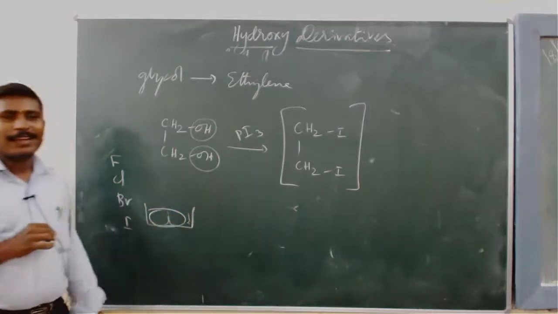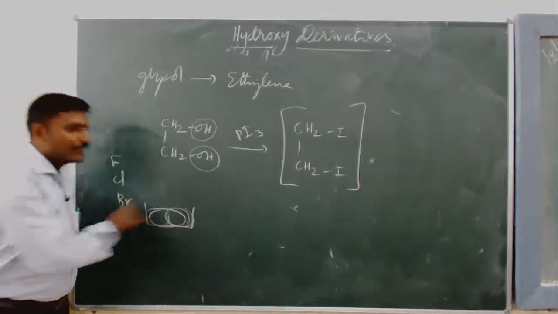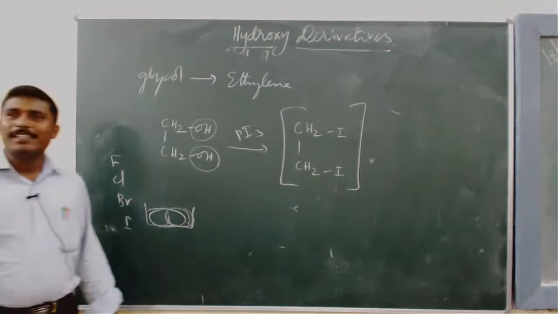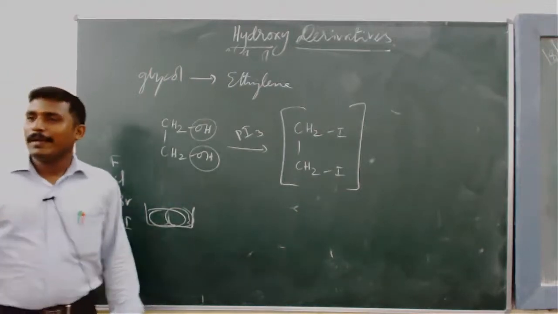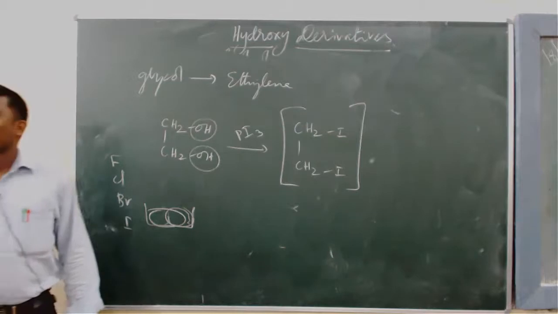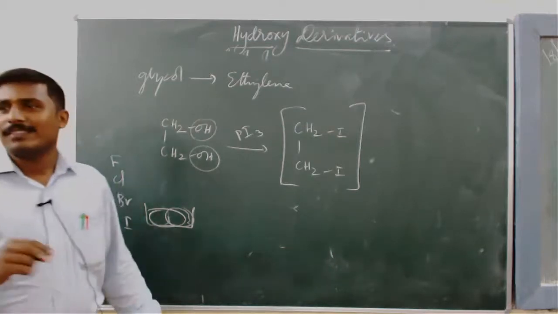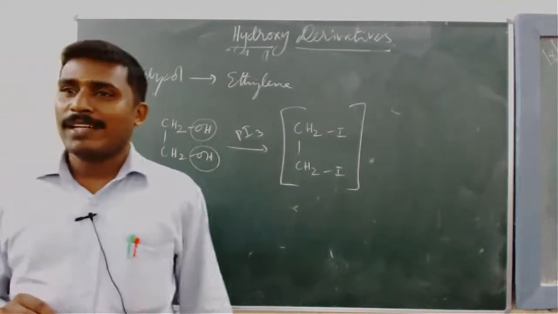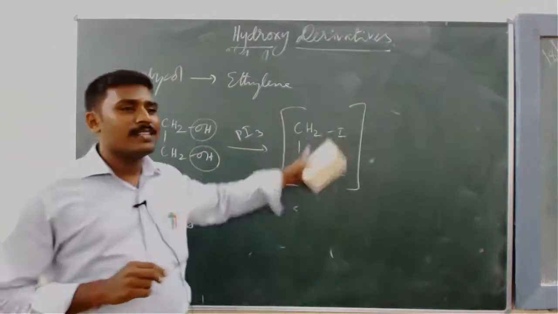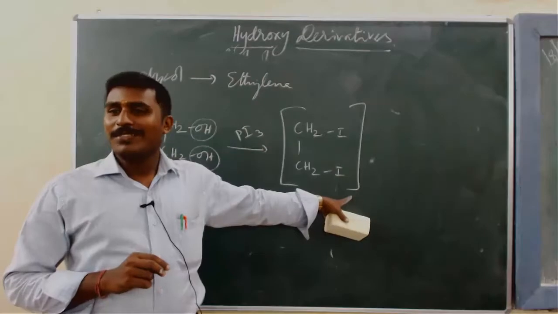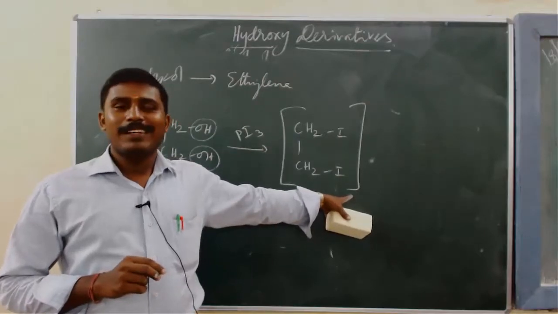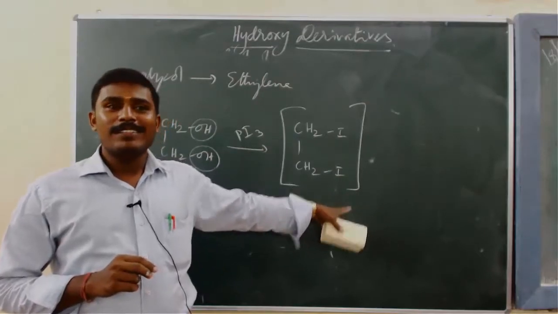If one more bulky man tries to sit in a single seat, what will happen? That is steric hindrance, the steric effect. It is the very same thing here: the adjacent carbons have two very bulky groups, so the compound is highly unstable.